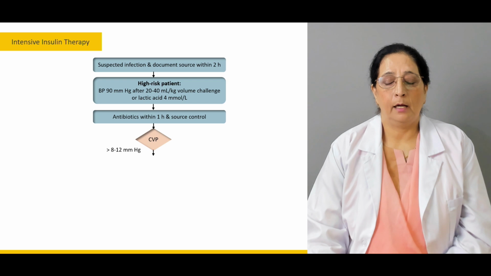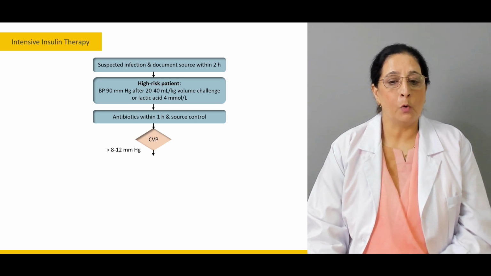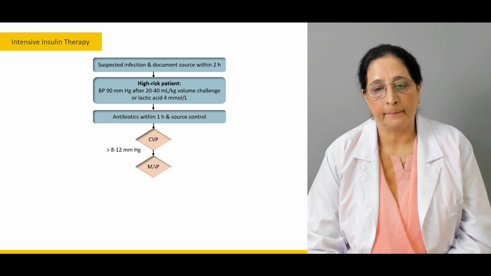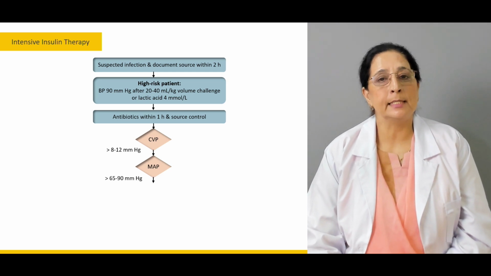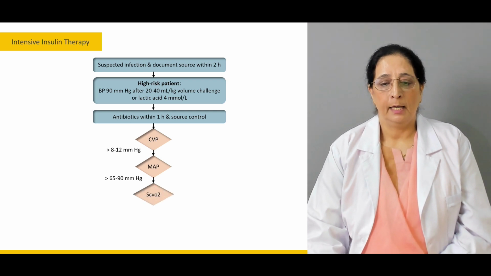CVP, central venous pressure, should be more than 8 to 12 millimeter of mercury. Mean arterial pressure more than 65 to 90 millimeter of mercury.